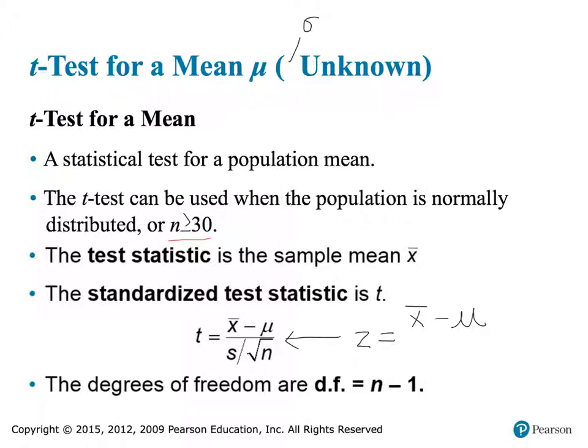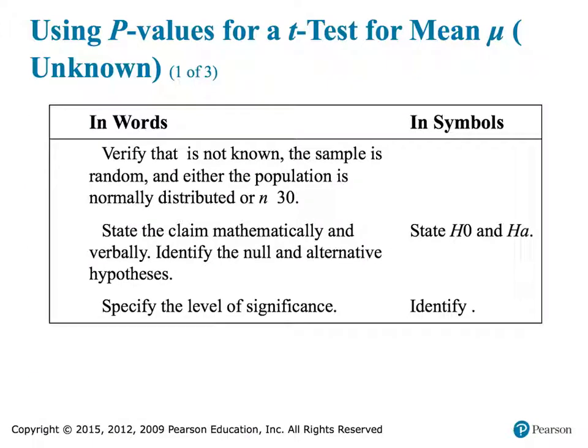The difference is the formula we learned for a z-test has a standard error in the bottom of sigma divided by root n. Well, we don't know sigma here, and that's why we're in a t-distribution, so we're having to use s in its place. So the formula is very similar, it's just that we're using s instead of sigma. Our degrees of freedom, as we said, will be n minus 1.